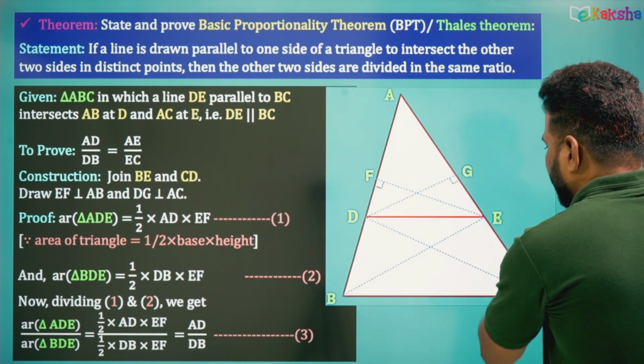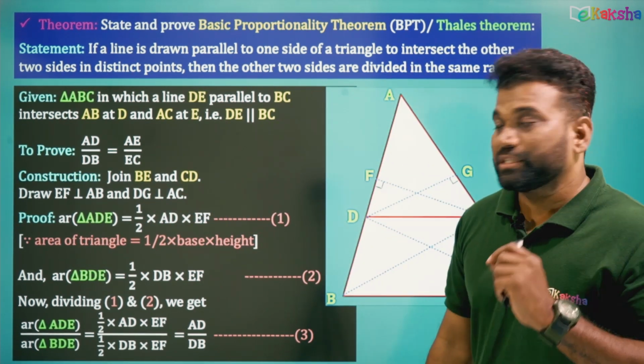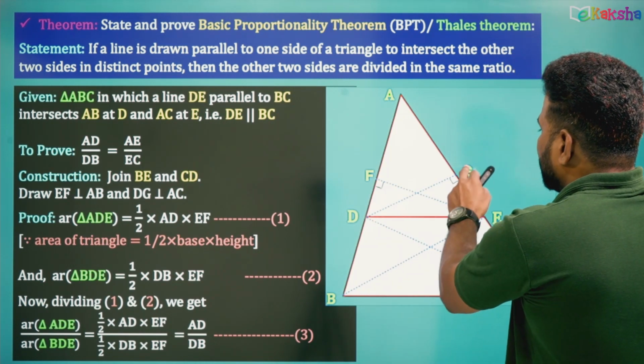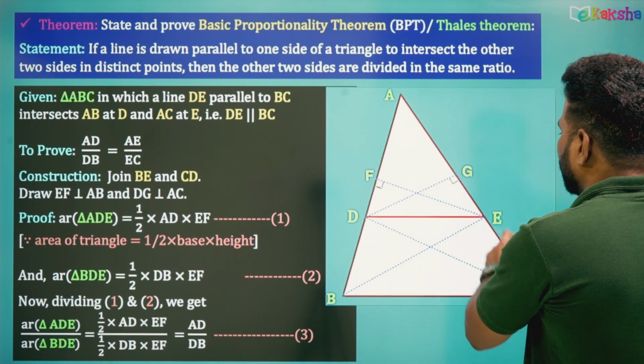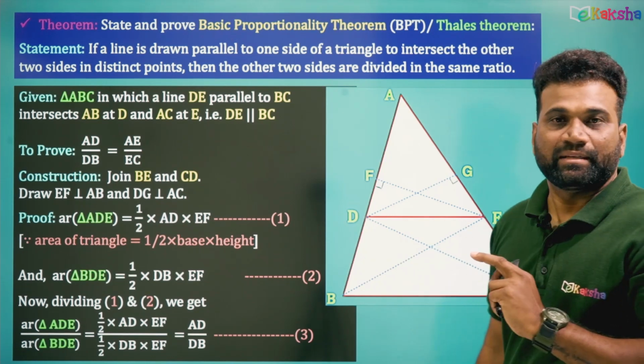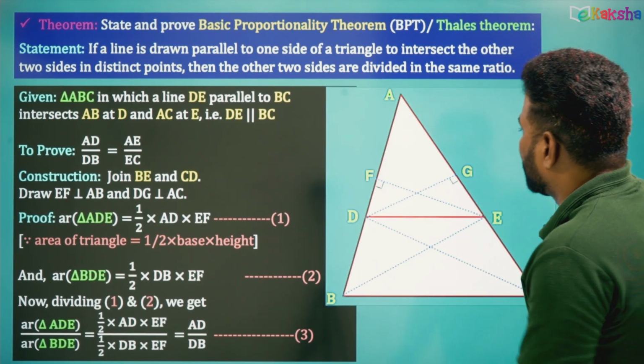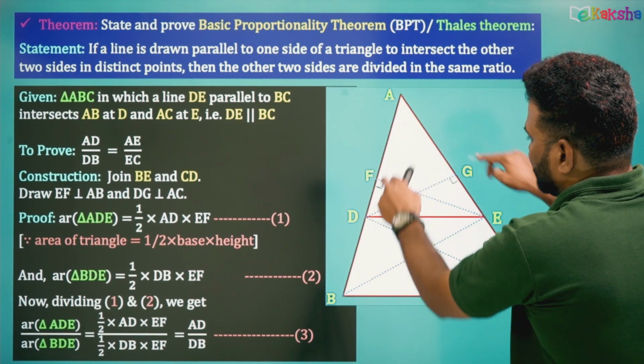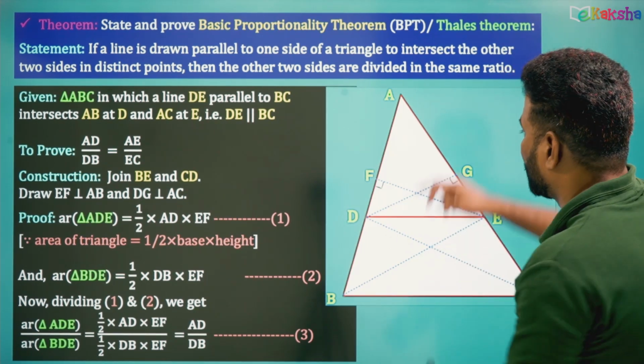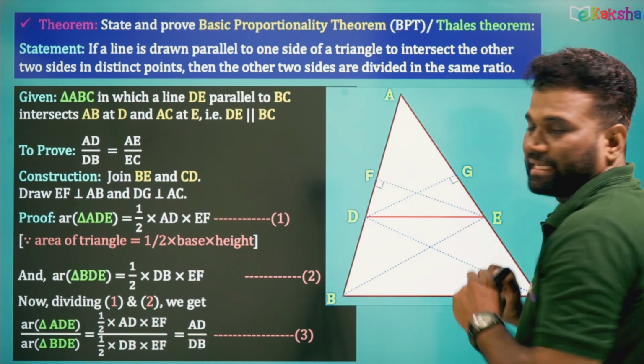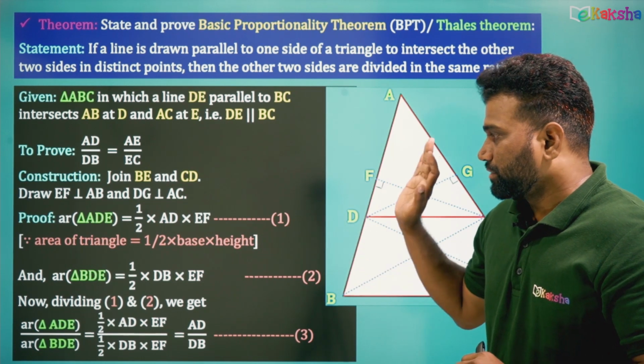As well as that, we drew DZ perpendicular to AC and EF perpendicular to AB, right? So now considering this triangle, area is half into base into height, so half into AD into EF. We have given this equation number 1.